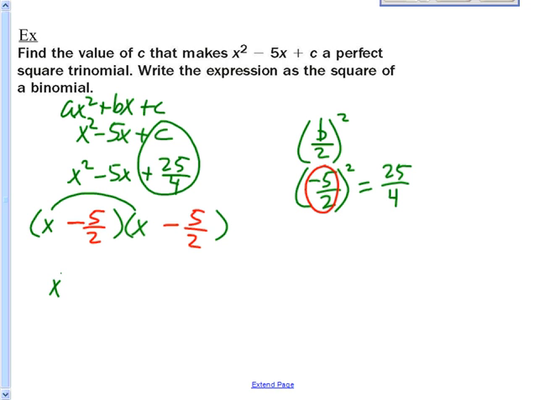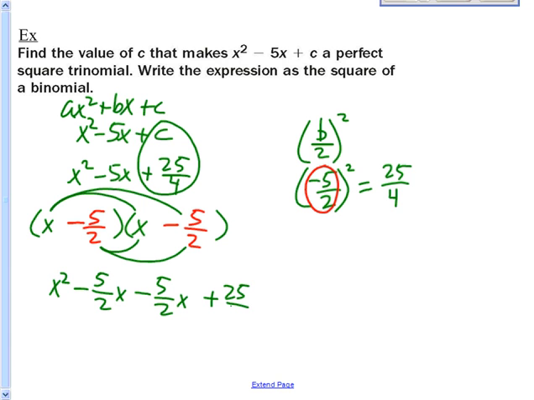x times x, x squared. x times the negative 5 halves x, negative 5 halves x. Negative 5 halves times x, negative 5 halves x. Negative 5 halves times negative 5 halves is a positive 25, multiply numerators, multiply denominators, fourths. Now, negative 5 halves minus 5 halves, negative 10 halves x, or negative 5x.